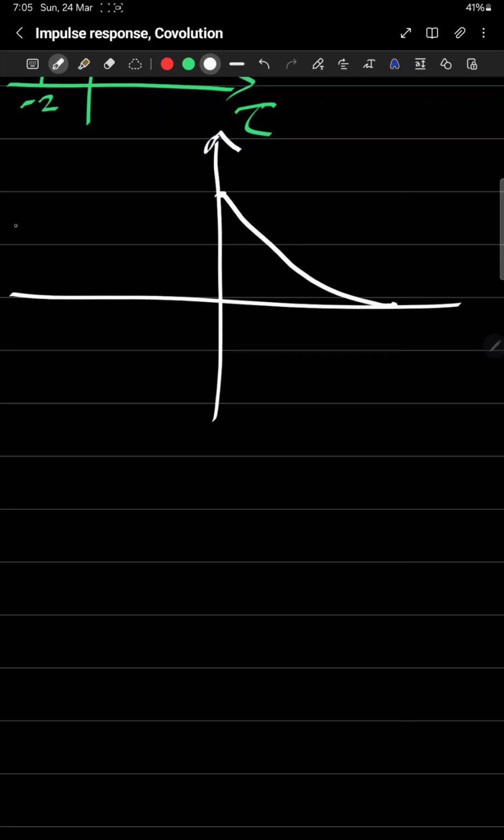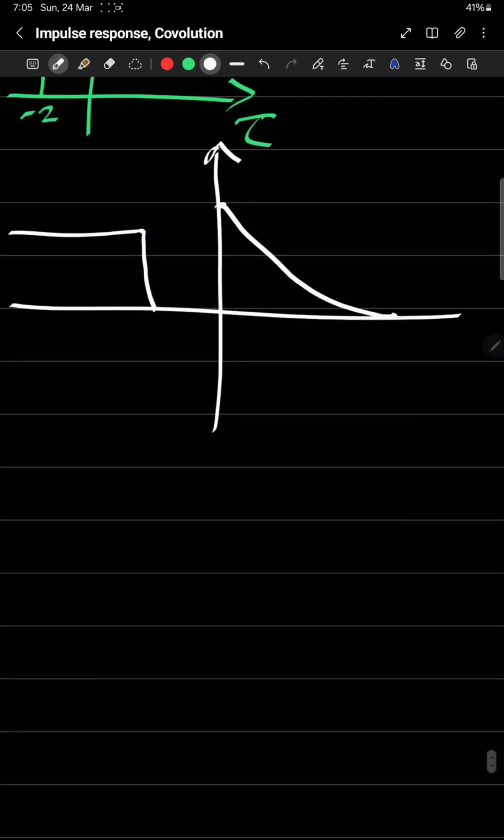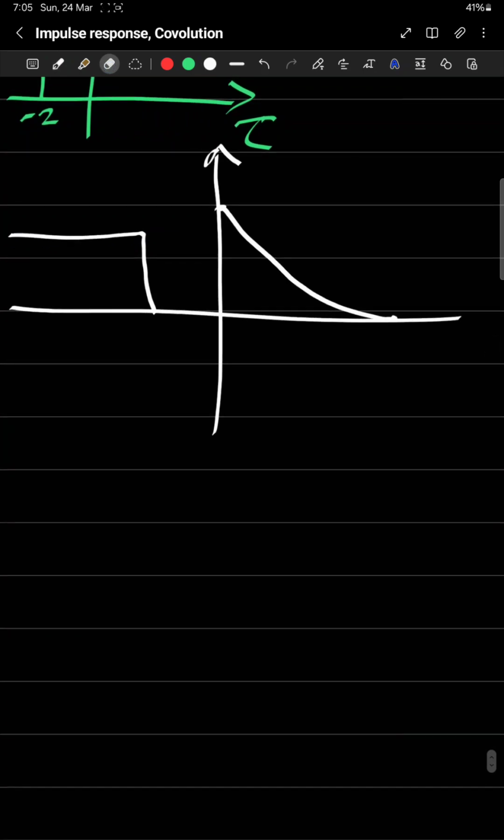And let me place your h of tau over here. Your h of tau will be like this. So this point is 2 plus t.